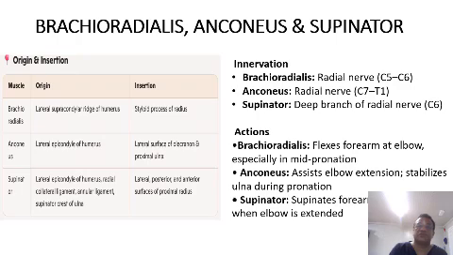So all three muscles are innervated by the branches of the radial nerve. Brachioradialis flexes the elbow, particularly when the forearm is in neutral, neither fully pronated nor fully supinated.